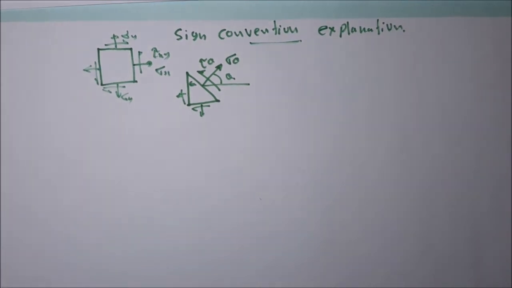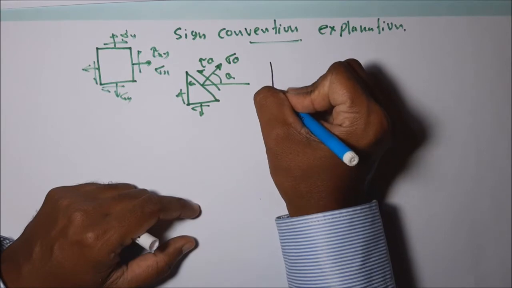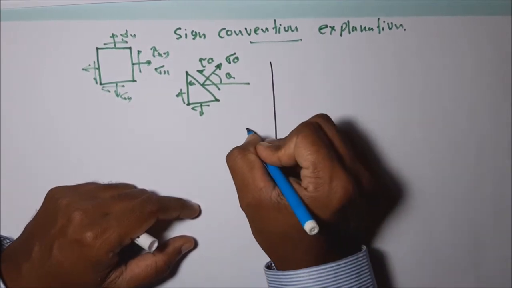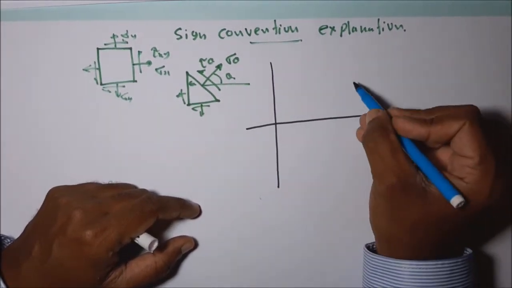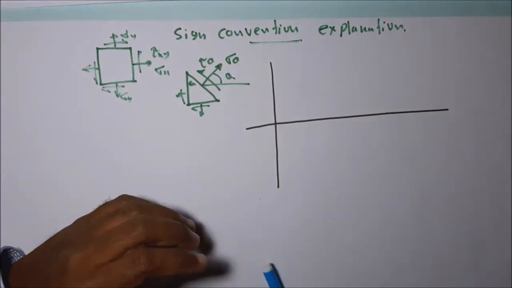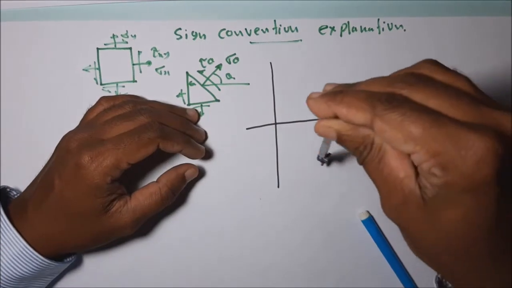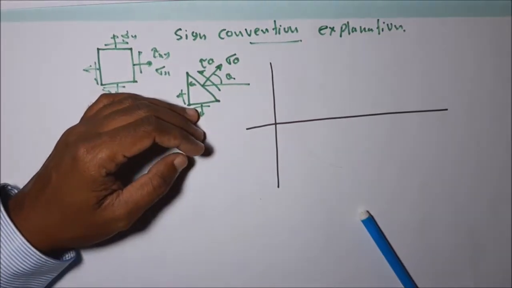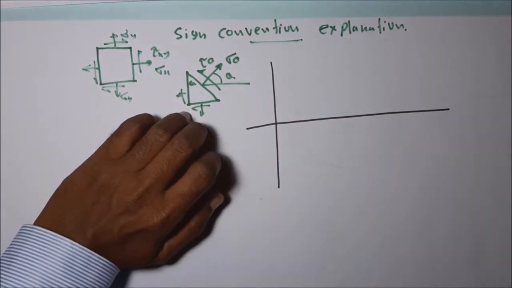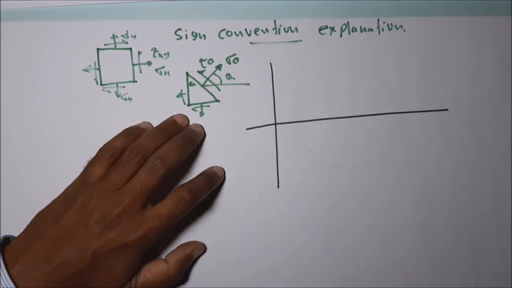Then we can draw this Mohr circle diagram like this.